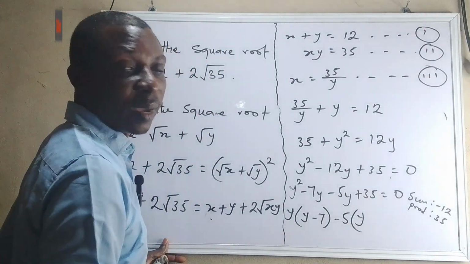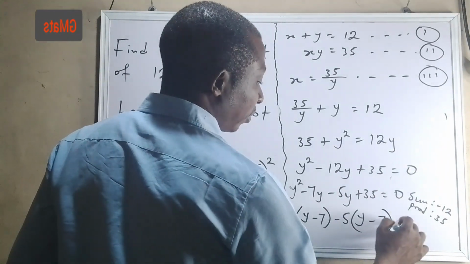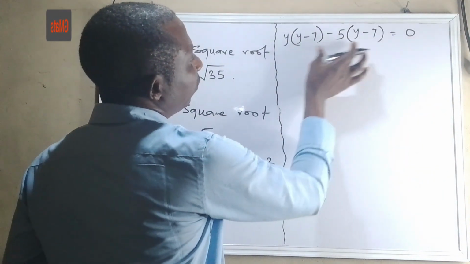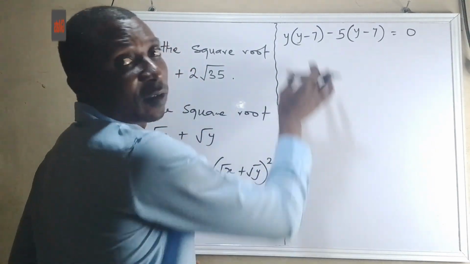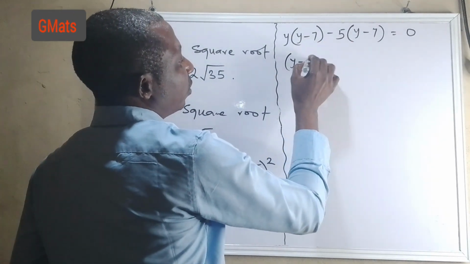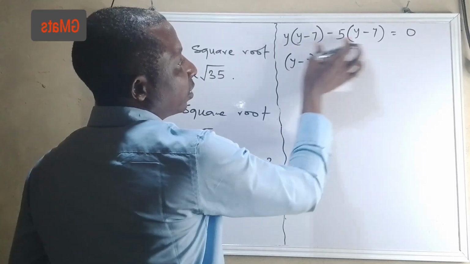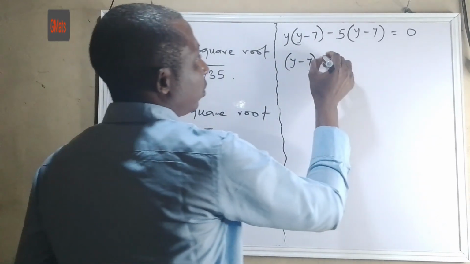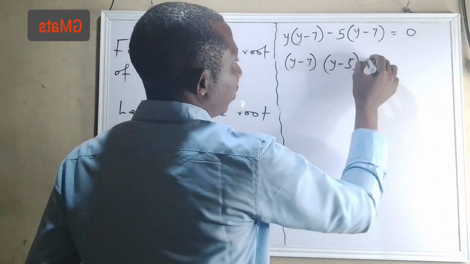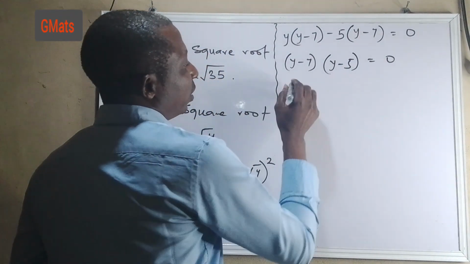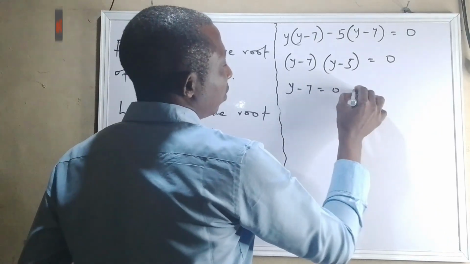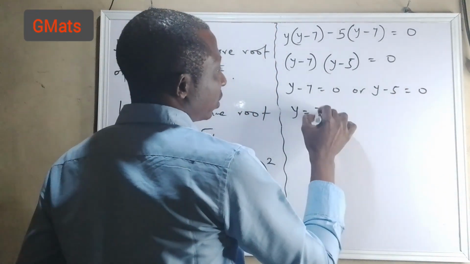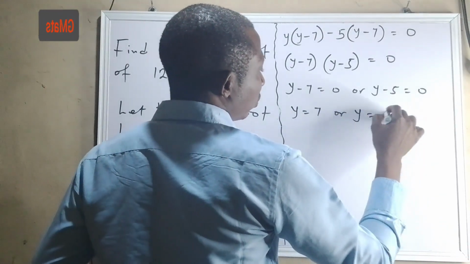Divide this by minus 5, you have minus 7, equals 0. Now the common factor here is y minus 7. You are left with y and minus 5, so you have y minus 5 equals 0. So it's either y minus 7 equals 0 or y minus 5 equals 0. So y equals 7 or y equals 5.